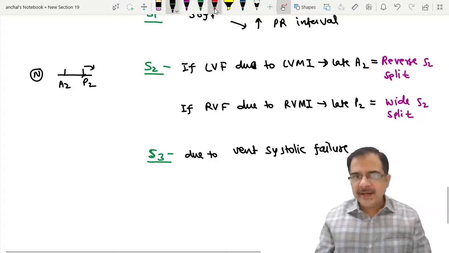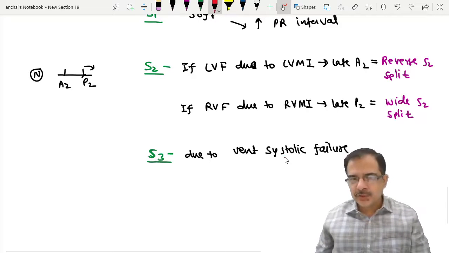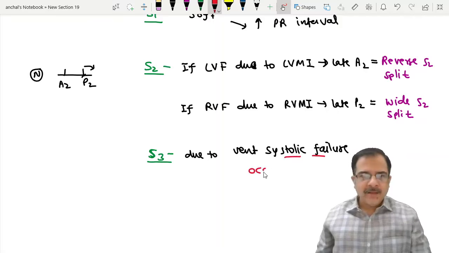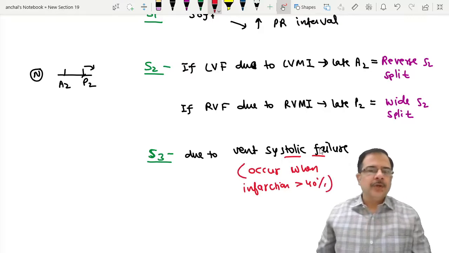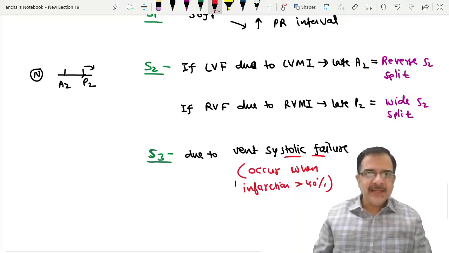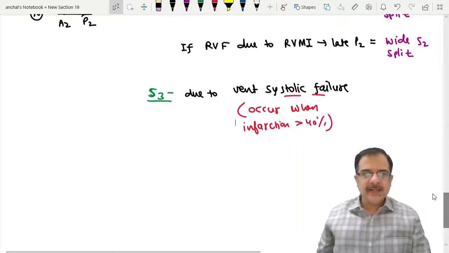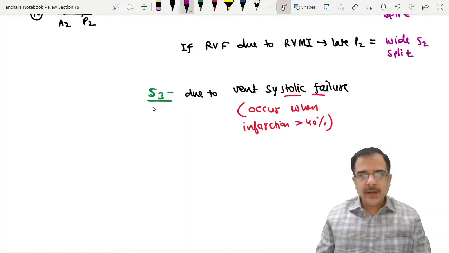Remember, systolic failure occurs when the infarction or necrosed area is more than 40%. So if S3 is present due to a systolic failure, it indicates a poor prognosis.